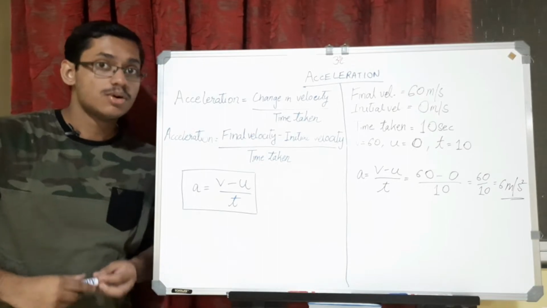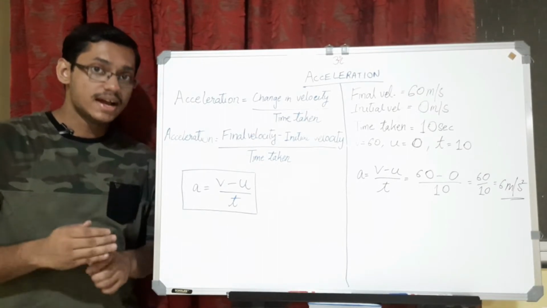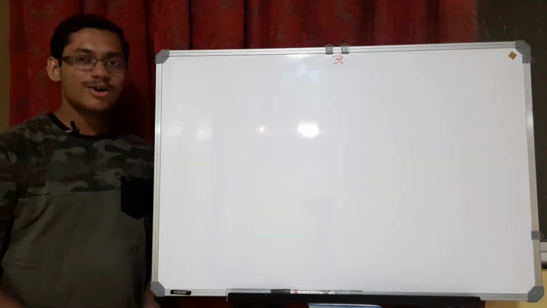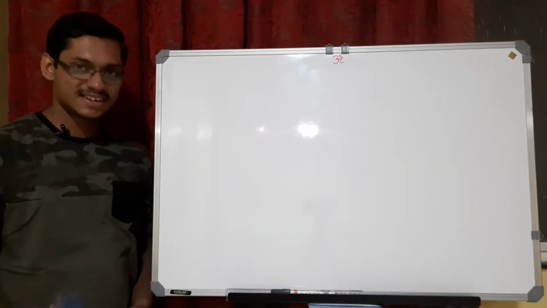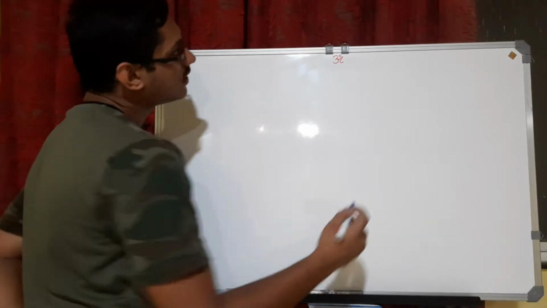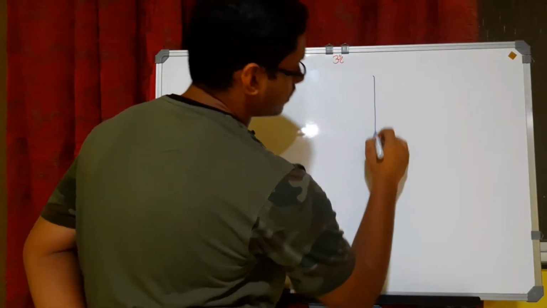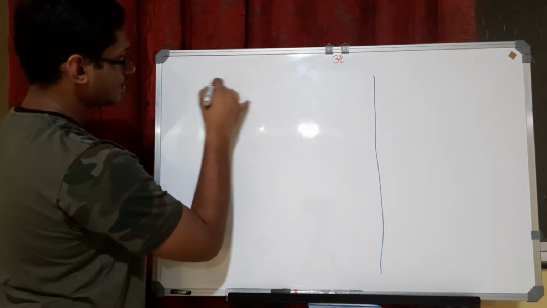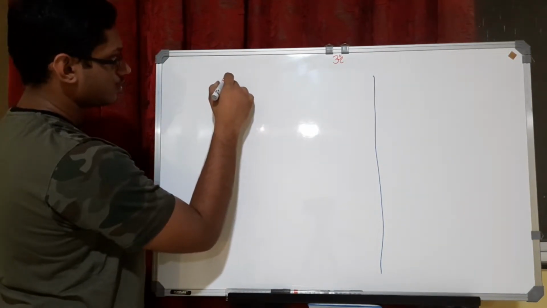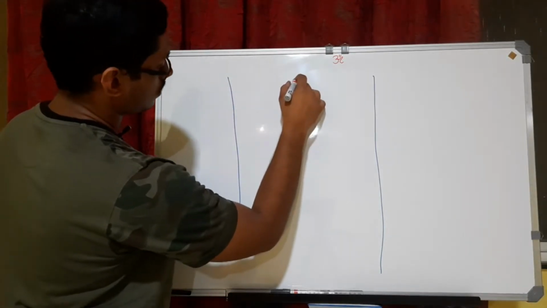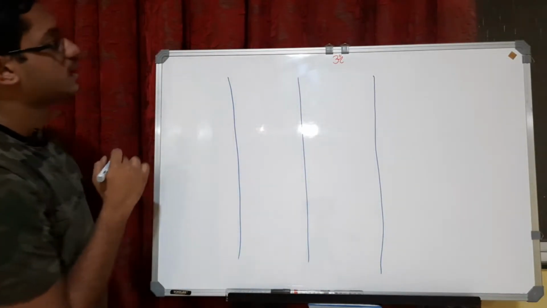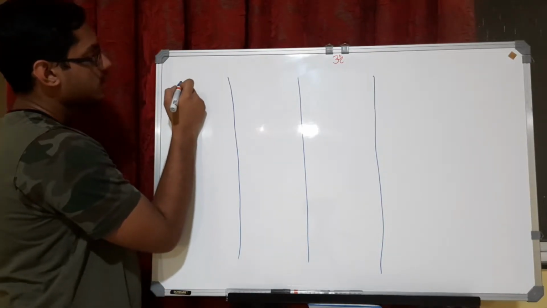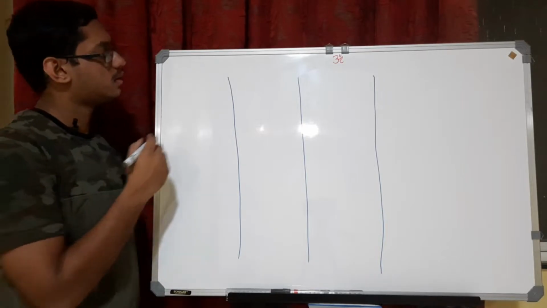Now I will teach you what is positive, negative and zero acceleration. Let us see the types of acceleration. First let me divide this board into 4 parts. Now consider 3 people.